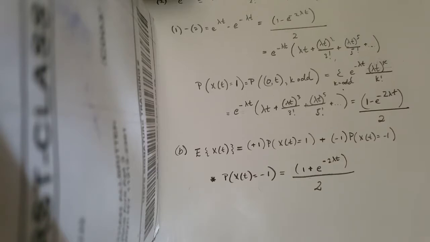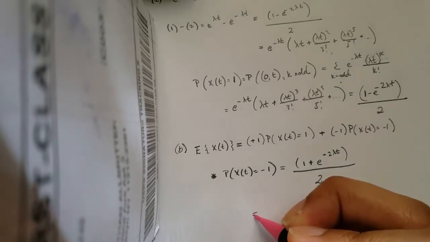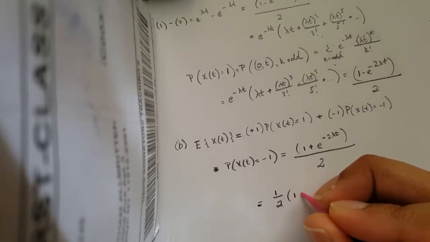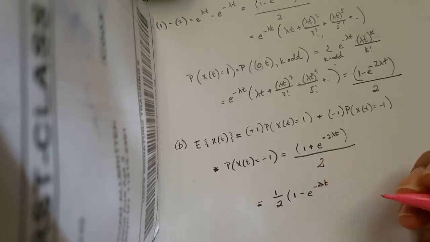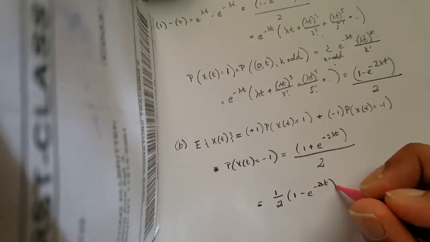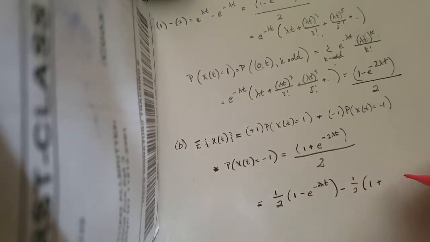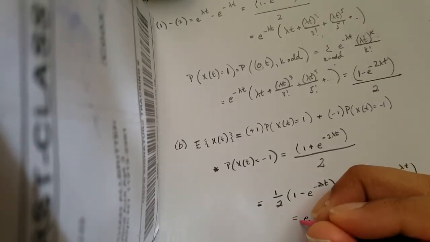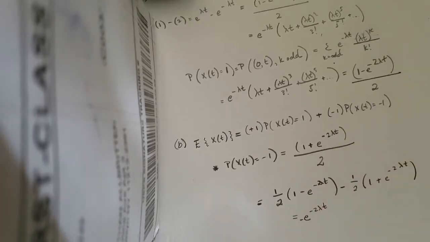So this comes out to be 1 minus e to the -2 lambda t over 2 minus 1 plus e to the -2 lambda t over 2, which essentially comes out to be negative e to the -2 lambda t.